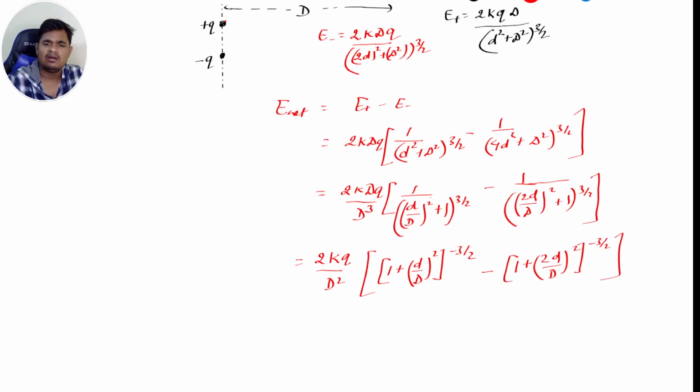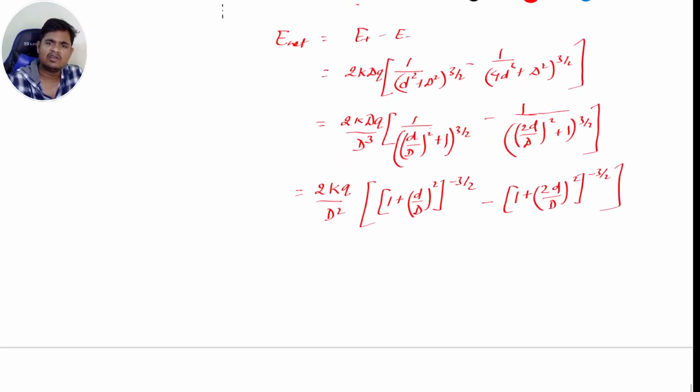Now because D is much greater than small d, we will use the binomial here. Binomial is basically 1 plus x raised to the power n, written as 1 plus nx under the condition that x is much less than 1.